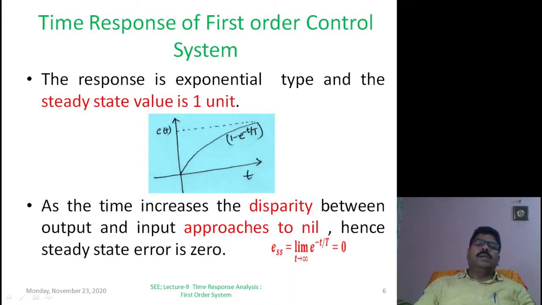So c(t) will be reaching unity, since this curve represents 1 minus e to the power minus t by T, and e to the power minus t by T decreases exponentially, so the output will be reaching the unity reference value. So the disparity between the output and input approaches 0. So the steady state error in this case will be 0. So e_ss will be limit t tends to infinity of e to the power minus small t by capital T, equal to 0.